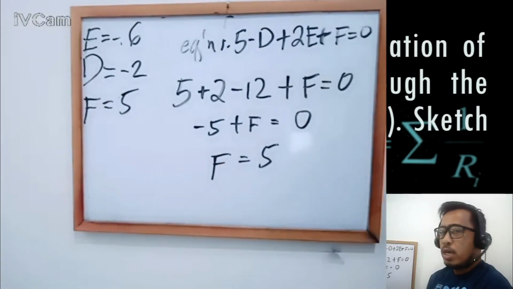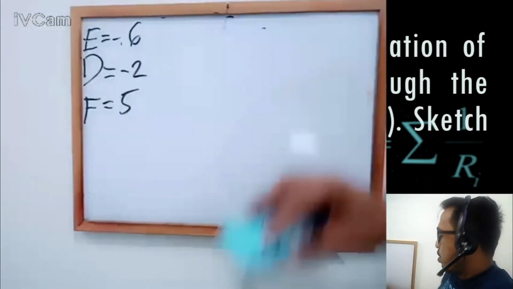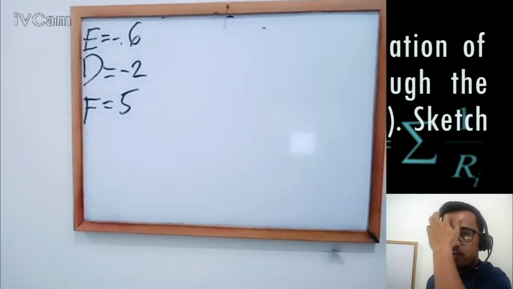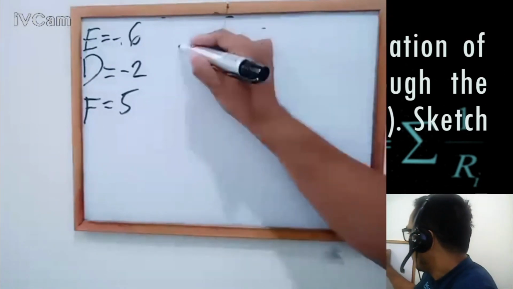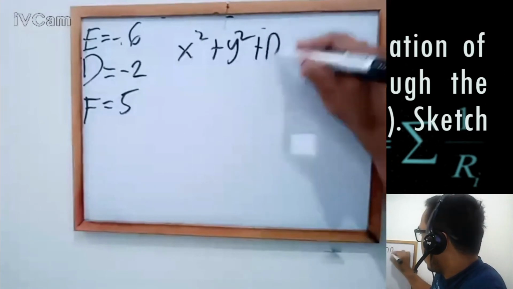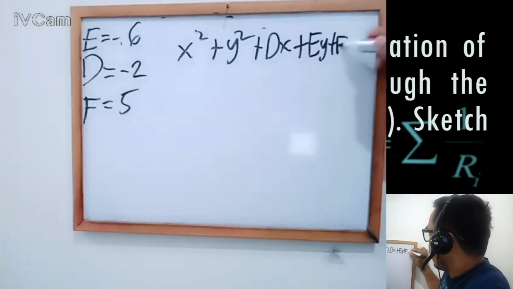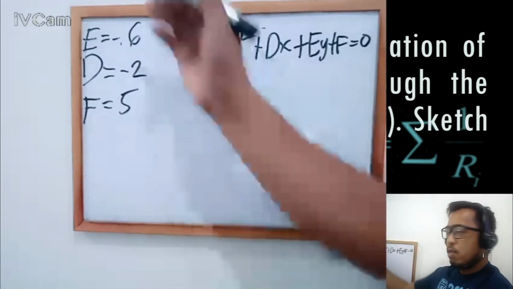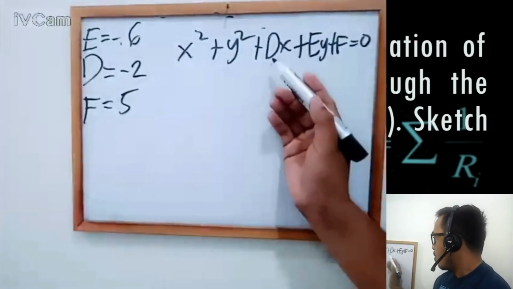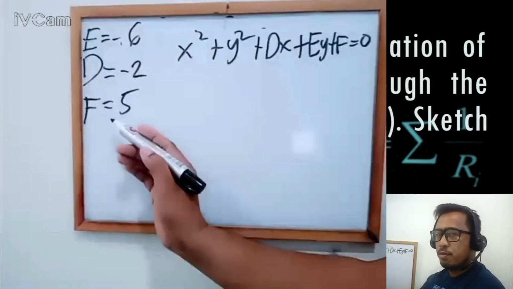So we are now ready to provide our equation of the circle. Remember, the general form of the equation of the circle is x squared plus y squared plus dx plus ey plus f equal to 0. We are done solving for the values of d, e, as well as f.